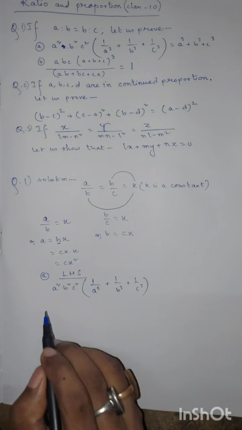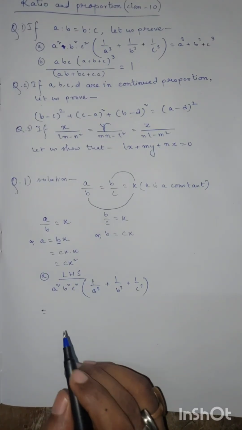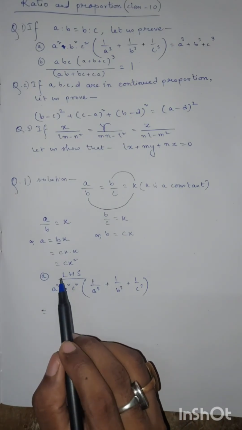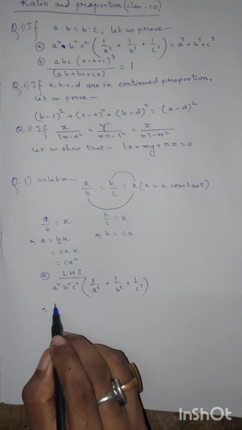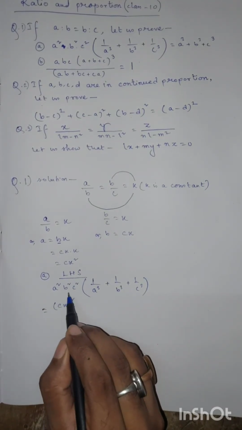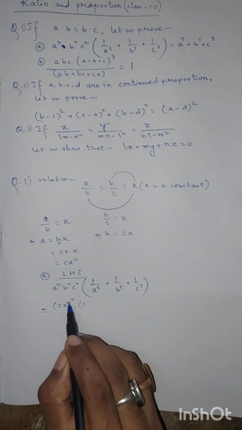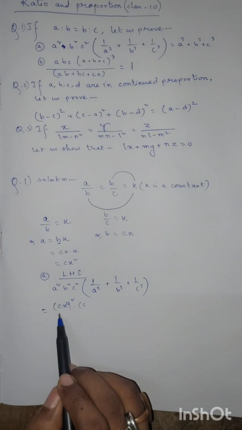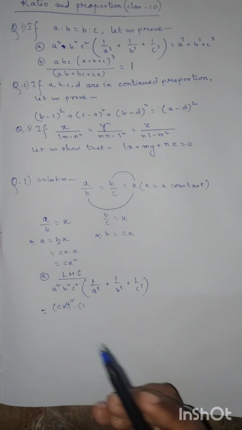Now if we put the value of a and b, in place of a we can write ck square, so it is ck square whole square.